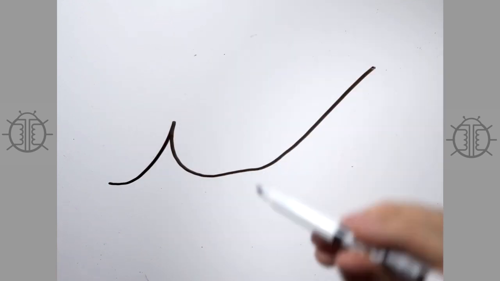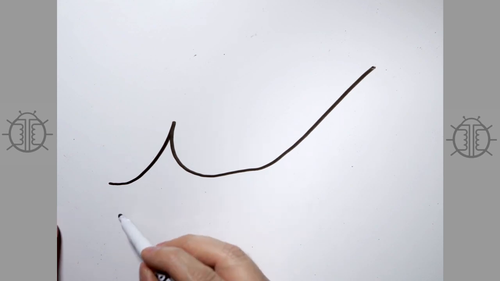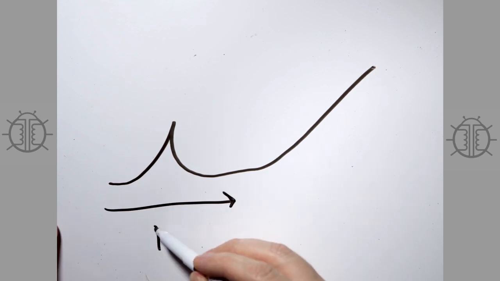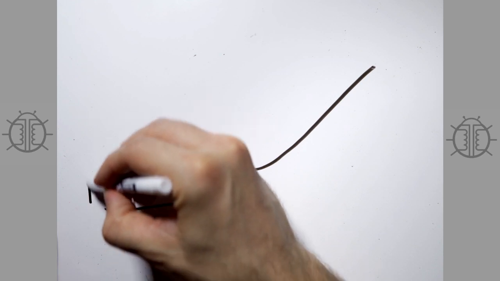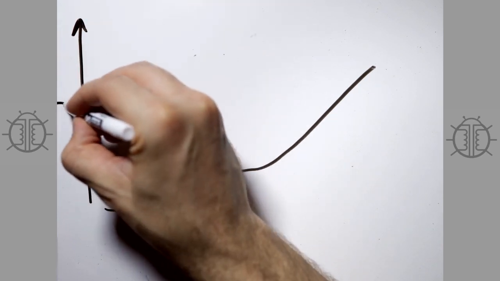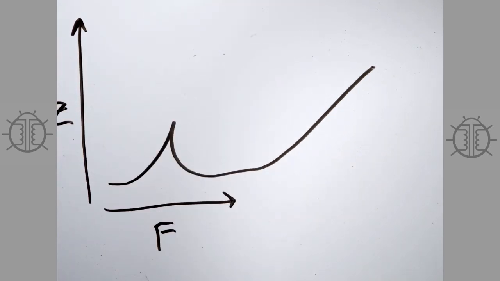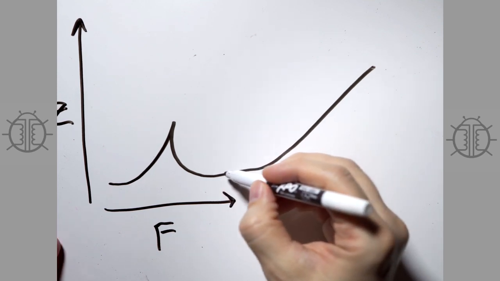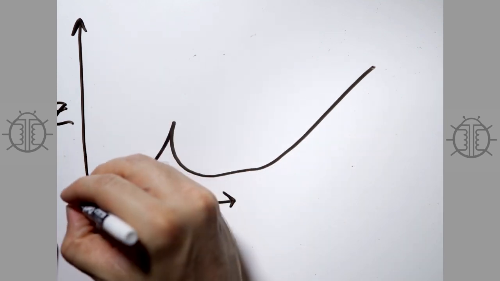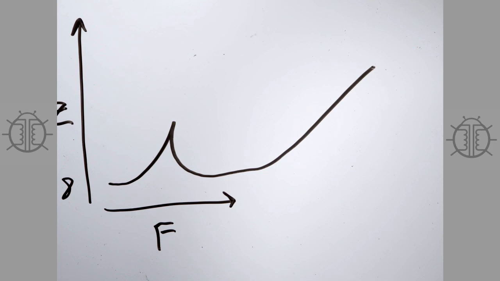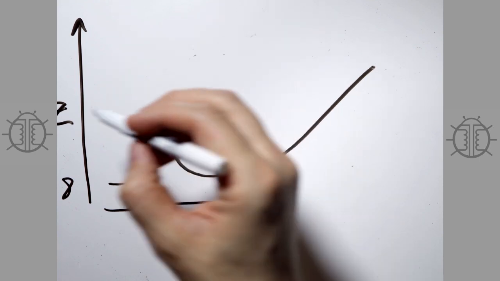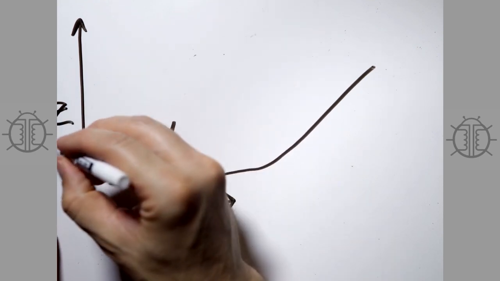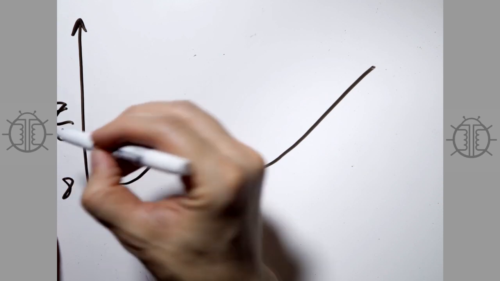All right, so frequency is this way, and impedance is this way, so that's Z, impedance. And so this bit right here will probably be down in the 8 ohm range or something like that. We might come up to 16 or 20 ohms here at the resonance of the speaker, so let's say just 16 or something like that.